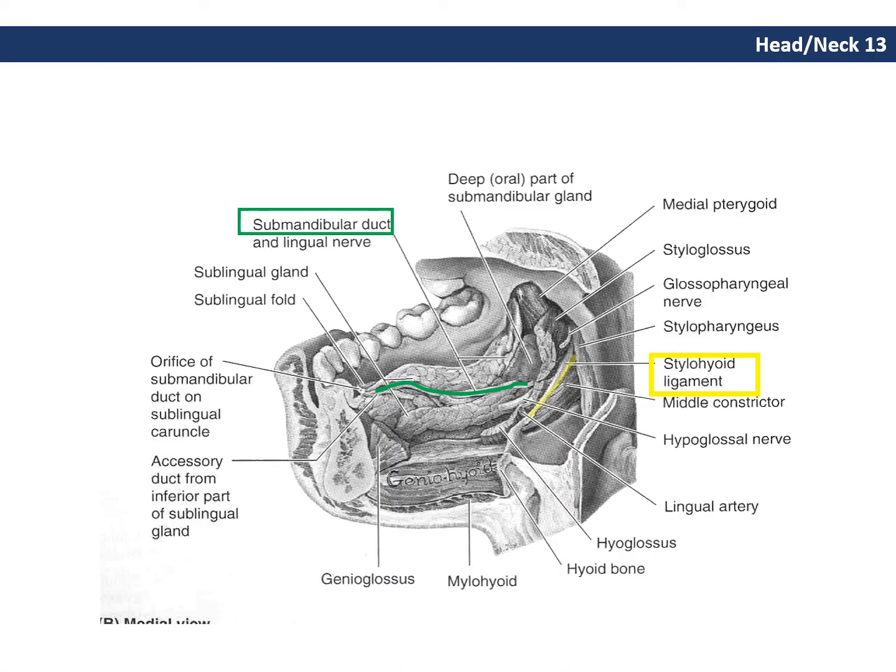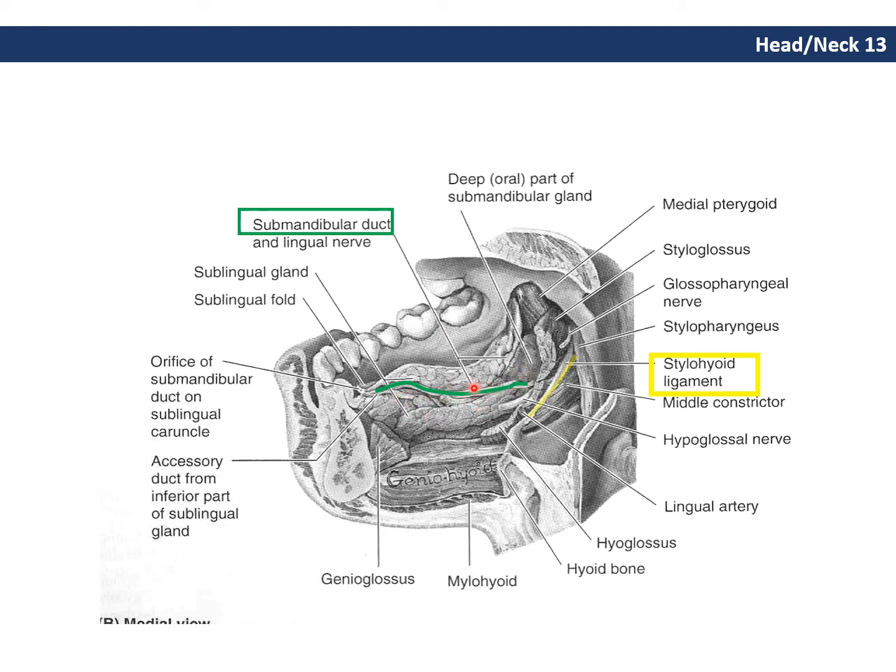This picture shows the oral cavity bisected, with the genioglossus cut. Here you can appreciate the geniohyoid and the mylohyoid inferiorly, and this is so that you can see the submandibular duct internal, or deep, to the submandibular gland on the lateral side of the genioglossus.